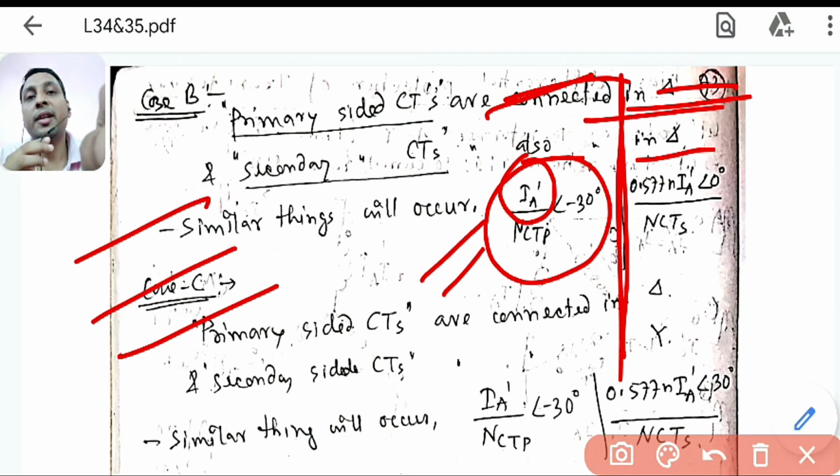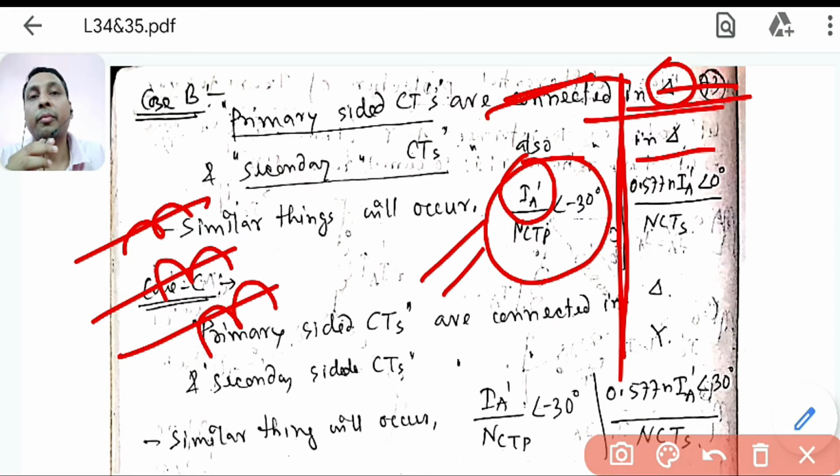I told you the CT primary I will consider in star. The secondary you have connected in delta. Because they are connected in delta, from star they are coming to delta, that is from phase you can think of coming to line. So phase to line, it will be a lagging of minus 30 degree.